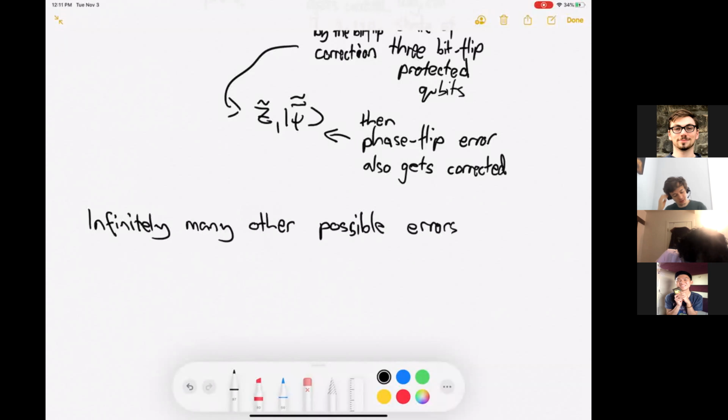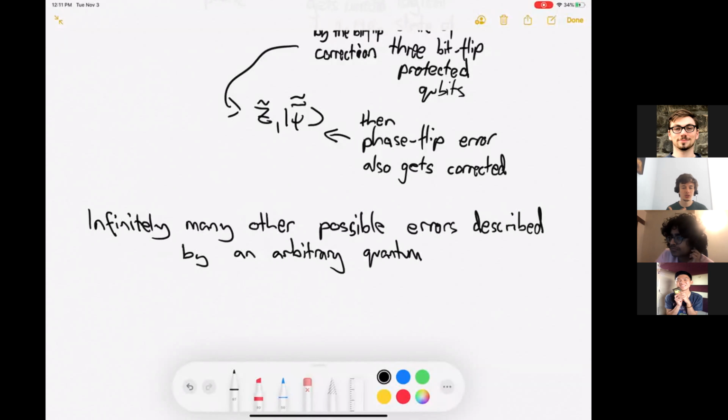So how do we describe an arbitrary error on one qubit? Well, you describe it by an arbitrary quantum channel, right? That can include some arbitrary unitary getting applied to the qubit, but it also allows us to talk about decoherence with the environment. That's another source of error, right? A quantum channel can talk about measurements.